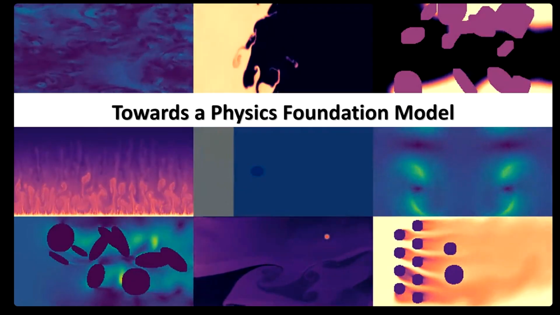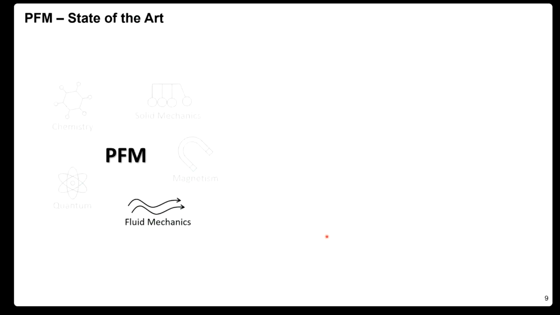Okay, so currently there are already some physics foundation models or something similar, multi-physics models out there. In the last 2 years, there were some publications in that space, and they usually focus on fluid mechanics, and that's what I'm going to focus on as well, because it's the space where we have the most data and it's the easiest to handle.